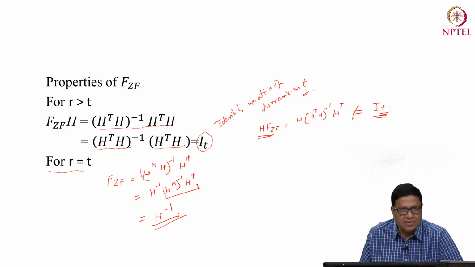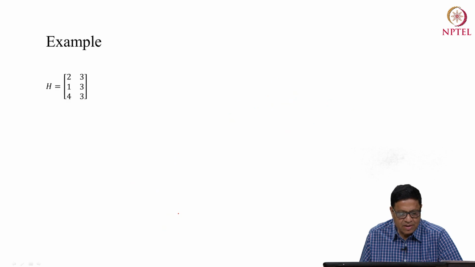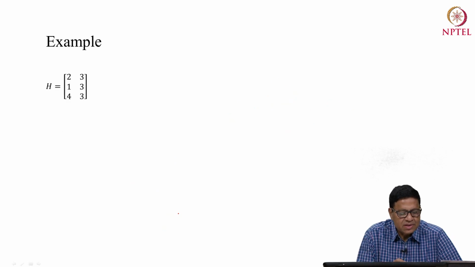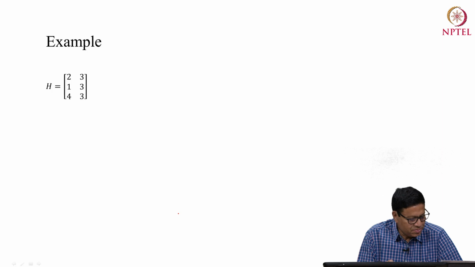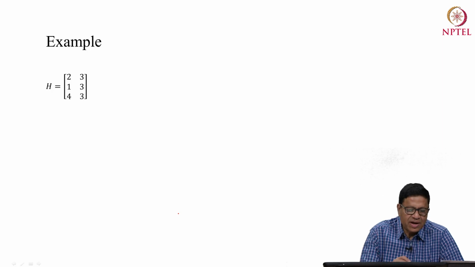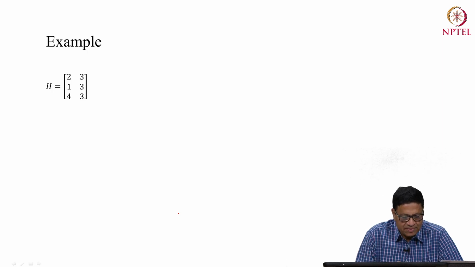So let us now take an example of how to estimate a signal where R and T are of different dimensions. Suppose there is a channel matrix which we have got after a number of experiments.